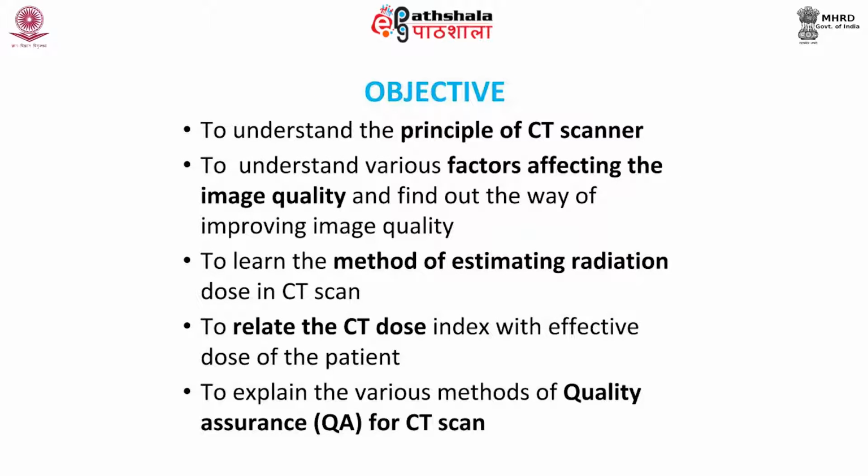The main objective of this lesson is to understand the principle of the CT scanner, to understand various factors affecting the image quality and find out ways of improving it, to learn the method of estimating radiation dose in CT scan, to relate the CT dose index with the effective dose to the patient, and to explain the various methods of quality assurance for CT scan systems.